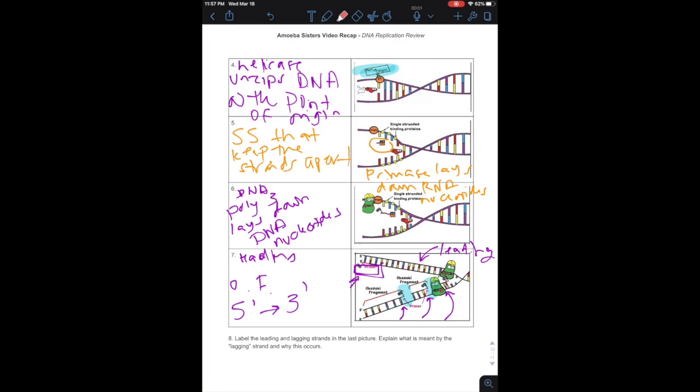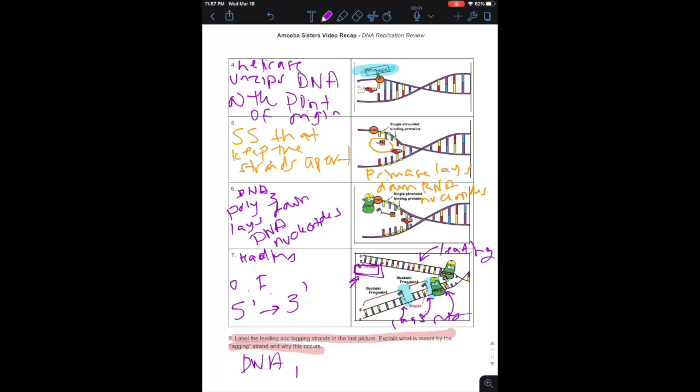So that kind of goes into what number 8 is asking you. Leading strand's the top one. Lagging is this bottom one. What does it mean by lagging? It's moving in the opposite direction.